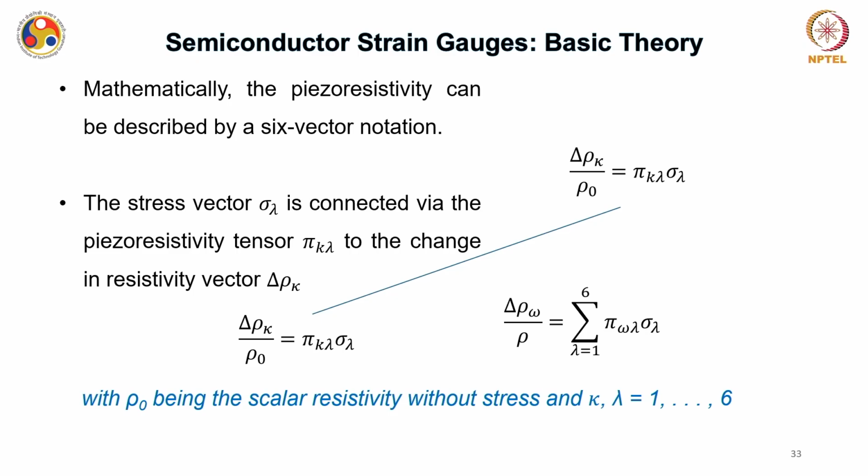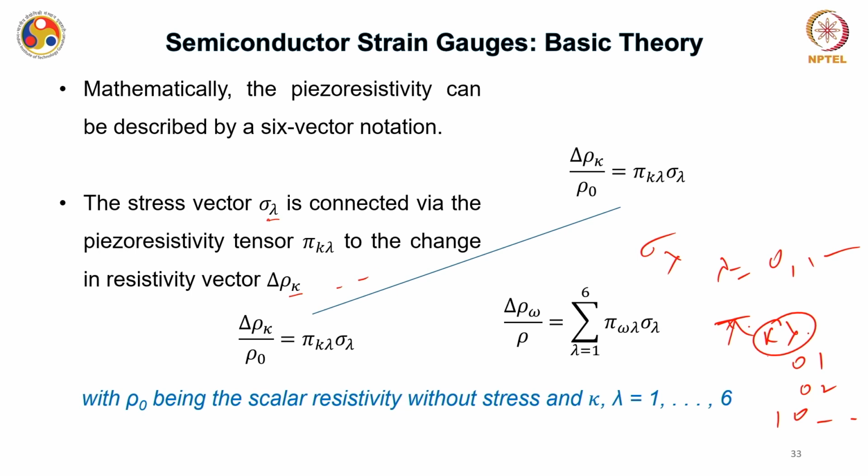We will not go into detail, but the stress vector sigma, with base lambda, like sigma lambda, is connected via the piezo-resistivity tensor pi k lambda to the change in the resistivity vector del rho, where the base k is again from 1 to 6.